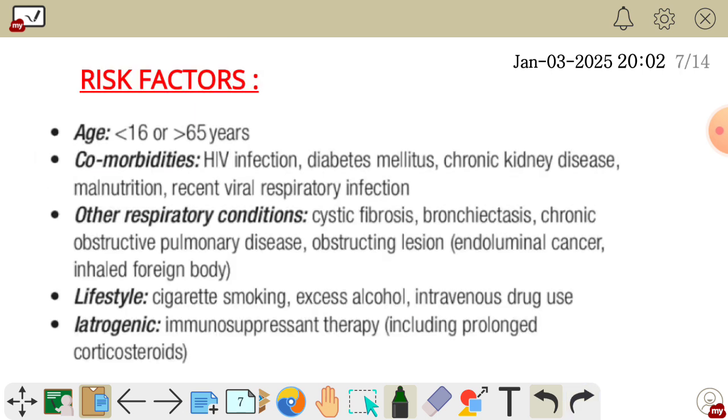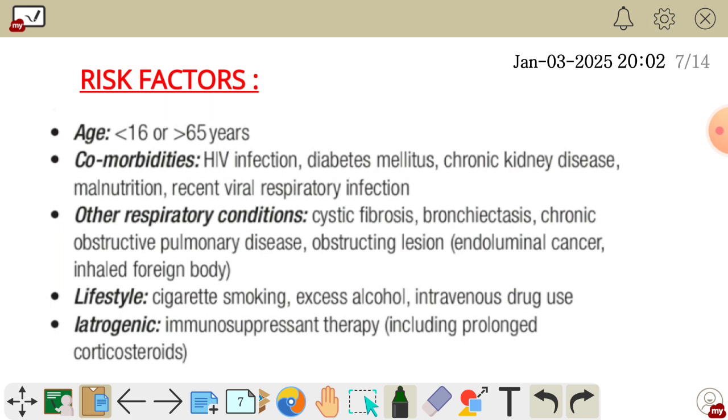Okay, so what are the risk factors of pneumonia? So the risk factors, we have age. So those who are below 16 or above 65 years of age are at risk. And then we also have those who have comorbidities such as HIV infection, diabetes mellitus, chronic kidney disease, malnutrition, or recent viral respiratory infection. So those are at risk of pneumonia.